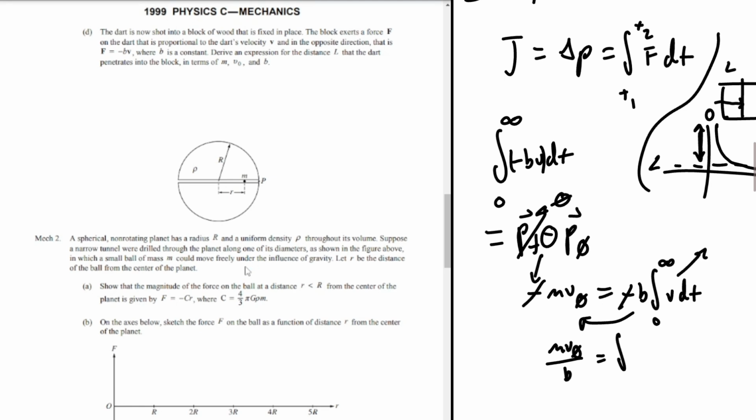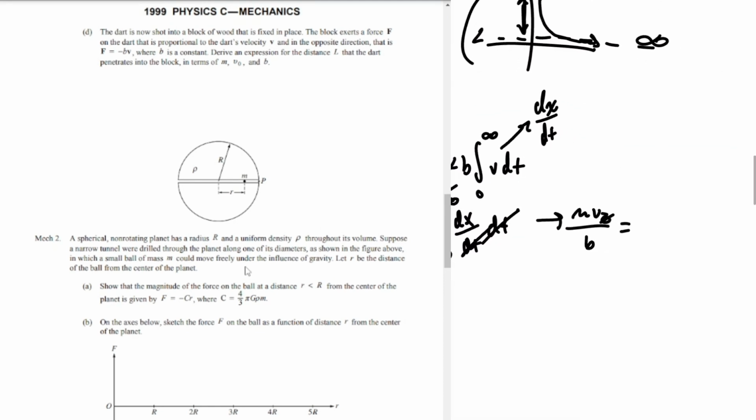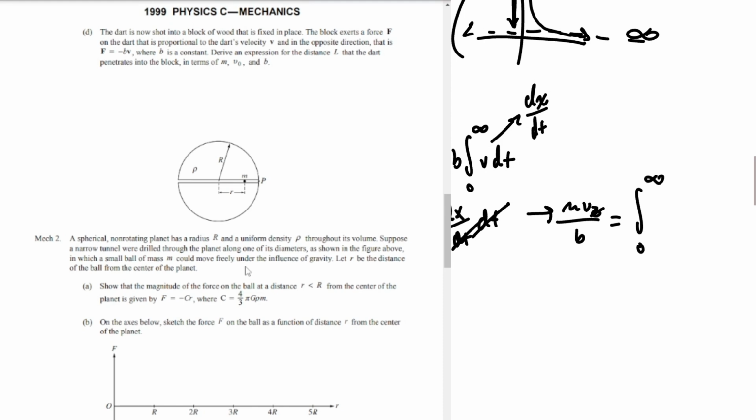And now for v, I'm going to use a little trick here. dx/dt is v, right? This is common knowledge. If I take the integral from 0 to infinity of dx/dt times dt, these dt's cancel. That leaves me with mv naught over b equal to the integral from 0 to infinity of dx.